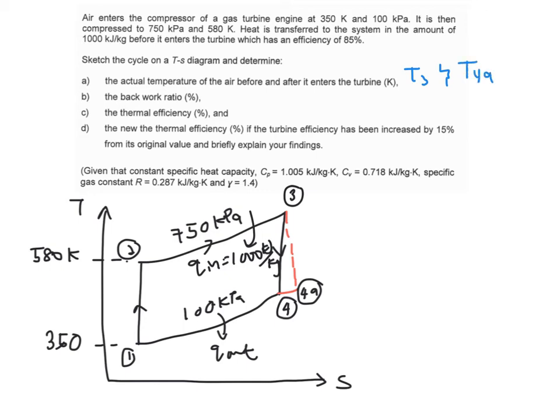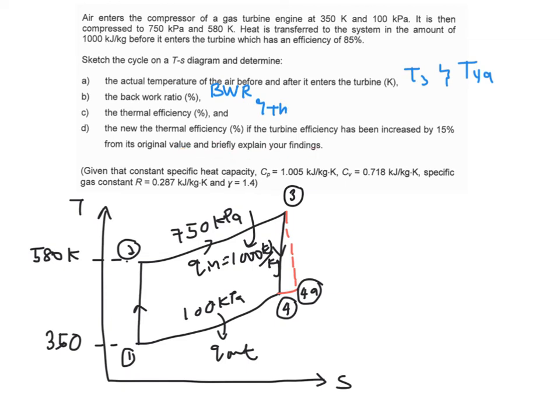And then next you need to find your back work ratio, and then your thermal cycle efficiency, and you have this one, new thermal efficiency if the turbine efficiency has been increased by 15% from its original value, and briefly explain your findings.